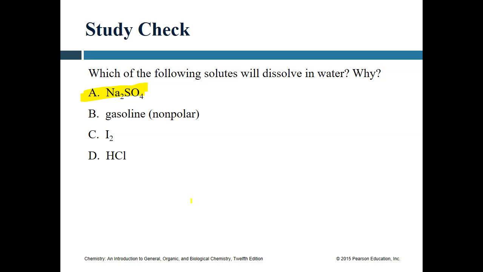Hydrogen chloride, HCl. Is it a metal and a non-metal? Not really. Even though hydrogen's with the metals there on the side, we know that hydrogen's not actually metallic.